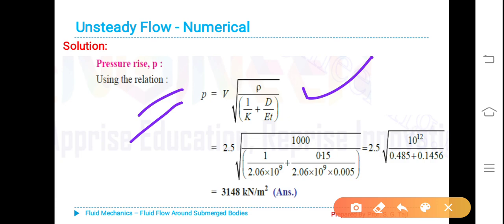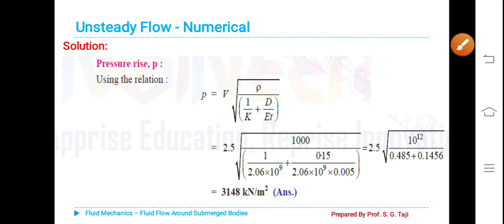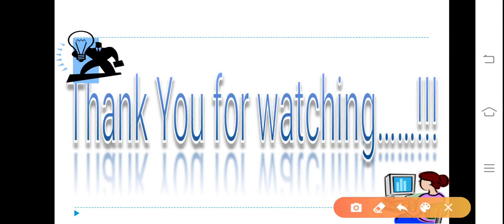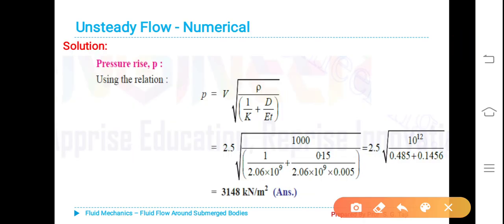This rho is the density, 1000 kg per meter cube. If you substitute all the values, you will get 3148 kilonewton per meter squared.